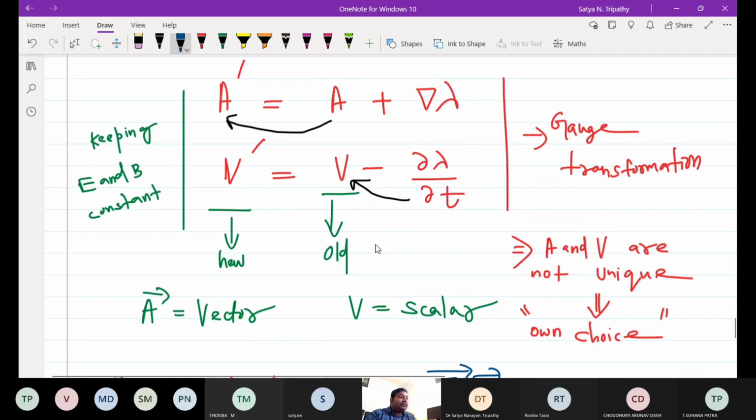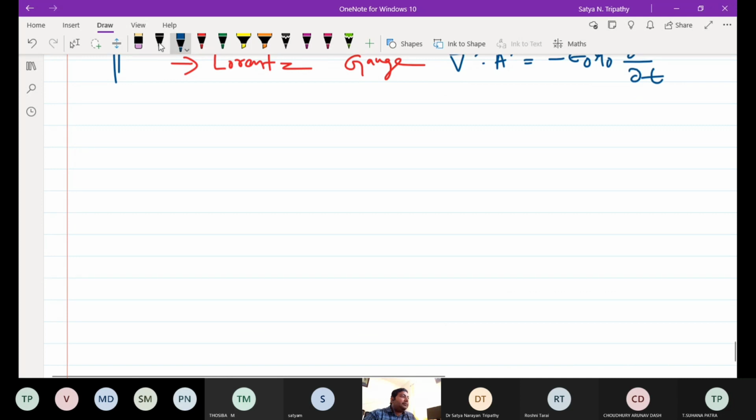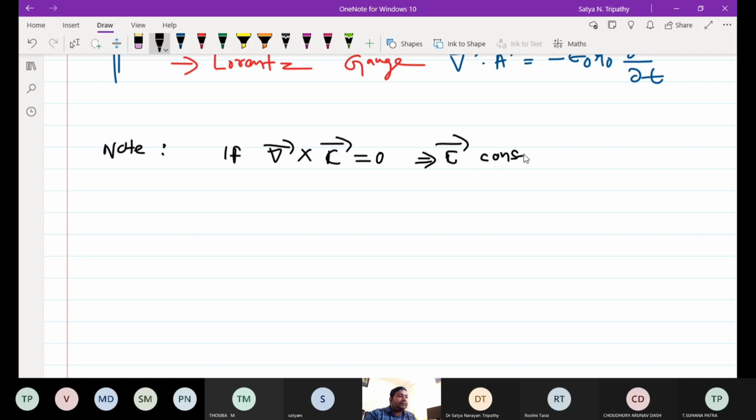Note: if del cross C is 0, that means C is conservative, and C can be expressed as the gradient of the negative of some scalar potential, like gravitational potential. This is very important. Did you understand this concept or not?